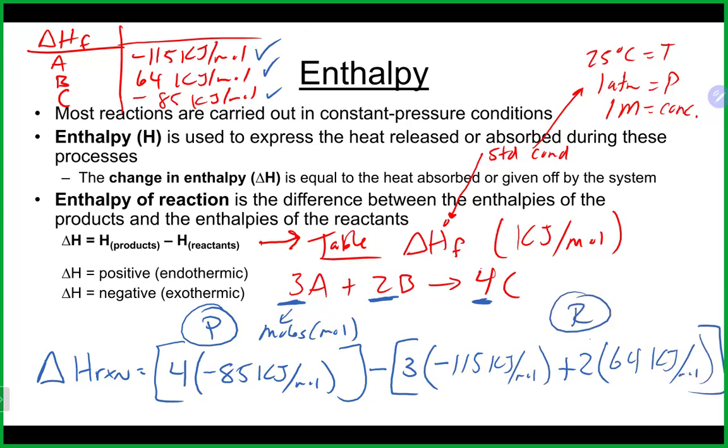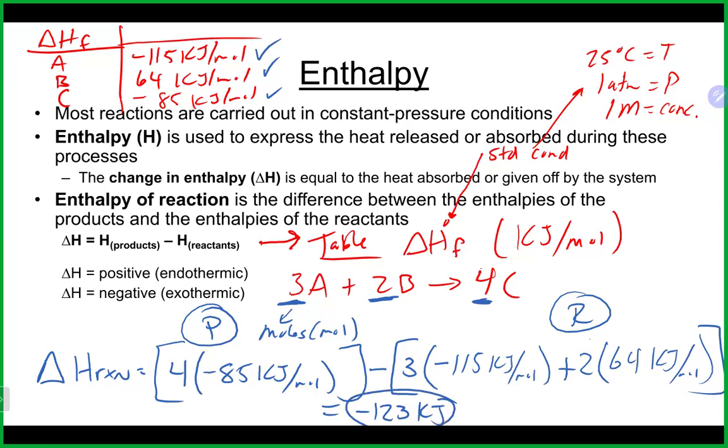So we take our final, which is our products, minus our reactants, which is our initial. 4 times negative 85 minus 3 times negative 115 plus 2 times 64 gives me on my calculator negative 123 kilojoules.